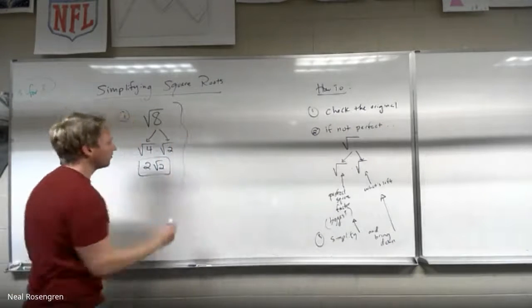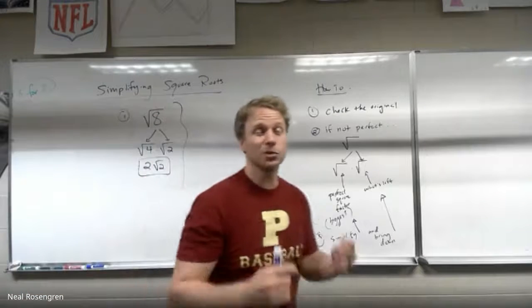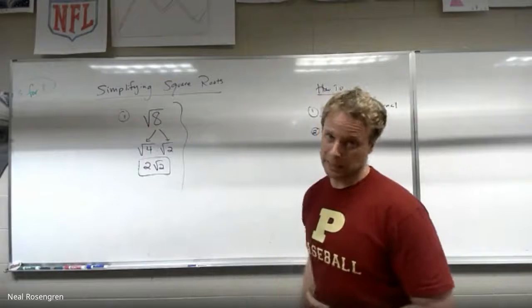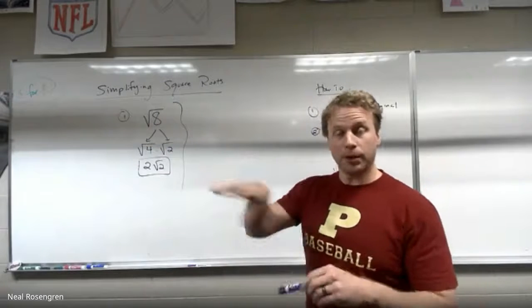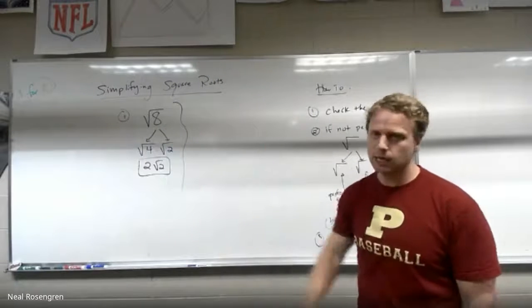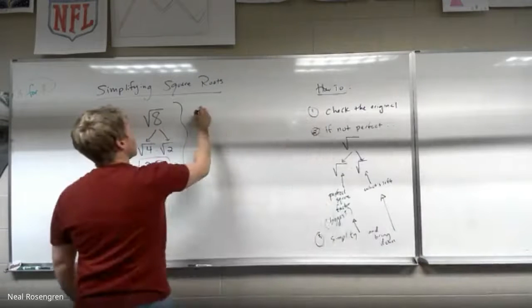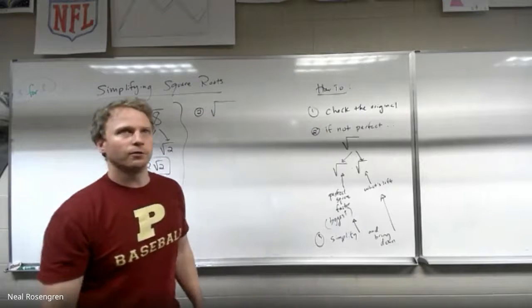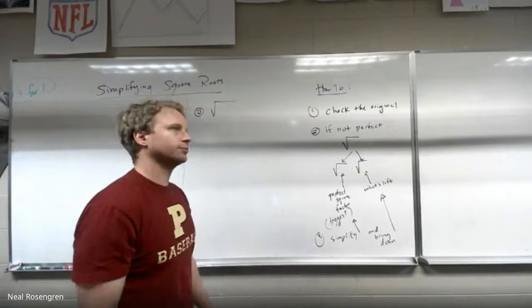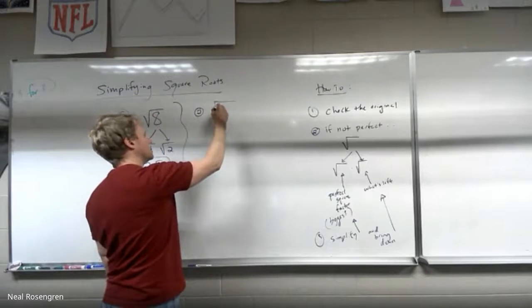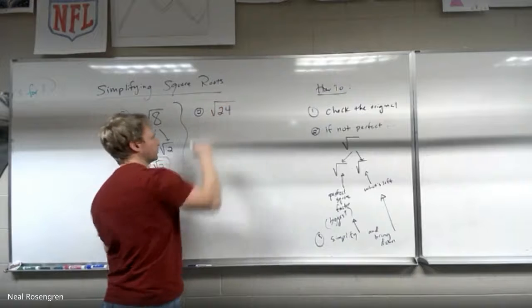If I can find a perfect square factor that goes in perfectly, I can break it apart by putting that first square root, the nice one, first, and then I'll just take it, right? Like this. Check this out. Like, I don't know, like the square root of, I don't know, 24.